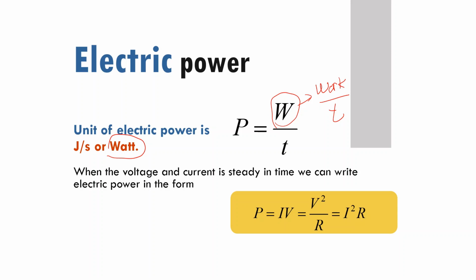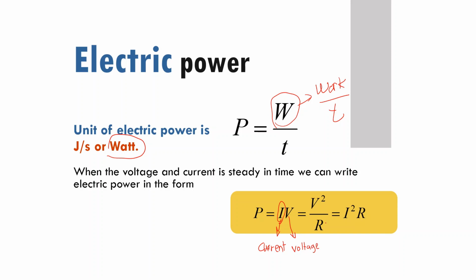Okay, and when the voltage and the current are steady, we can rewrite this as electric power in the form P equals IV. I, as I taught you before, is the current, and V is the voltage.